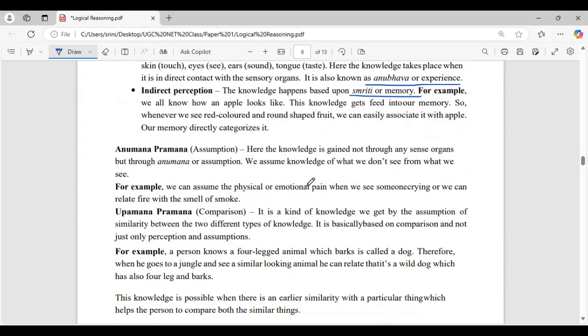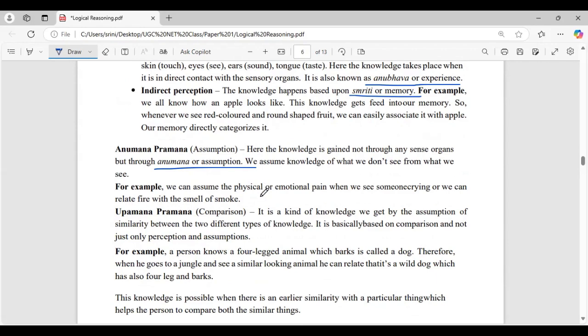Anumana, assumption. The knowledge is gained not through any sense organs, but through assumption, or anumana. We assume knowledge of what we don't see from what we see.